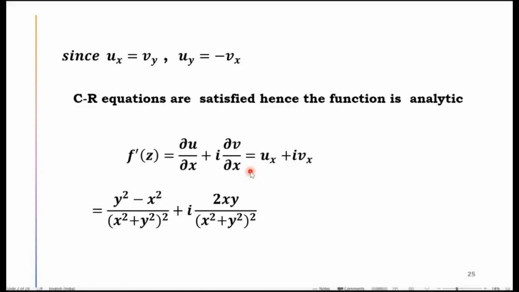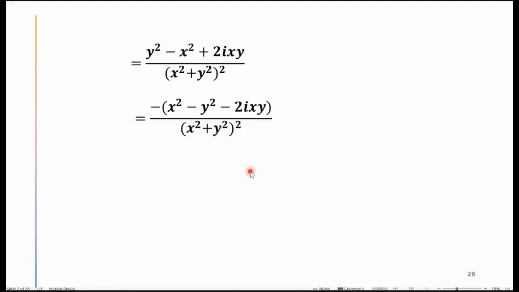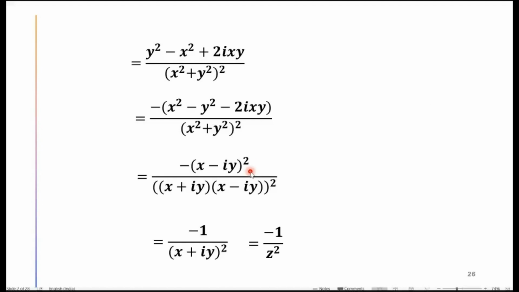So calculating f dash of z, minus 1 upon z square आंसर आना चाहिए, तो I'm just simplifying in that particular form. Hope you're clear with today's topic.